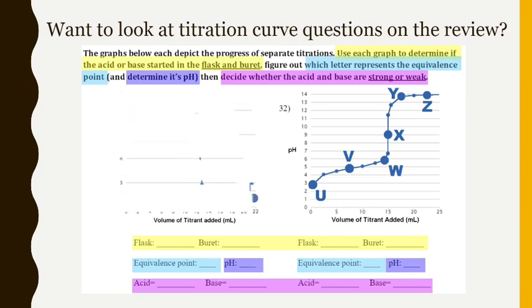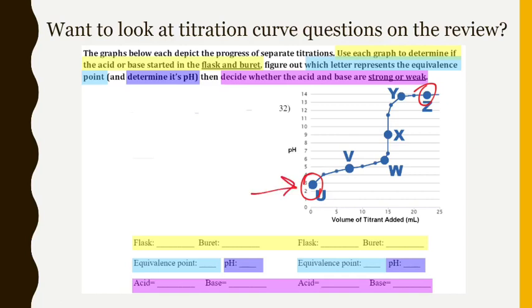Not 31. Just real quick, if you don't care about this, you can skip ahead in these notes, but this is the way you're going to be asked to interpret these titration curves on tests in the future. So first, we're going to look at the graph, specifically the beginning and ending points of this graph, to figure out if the acid or base started in the flask or in the burette.